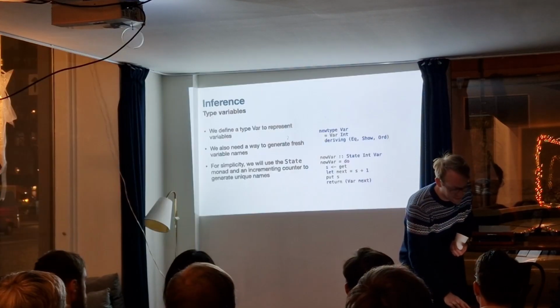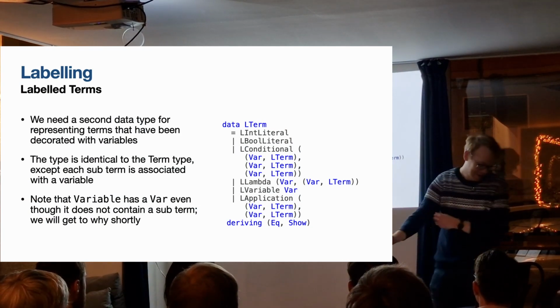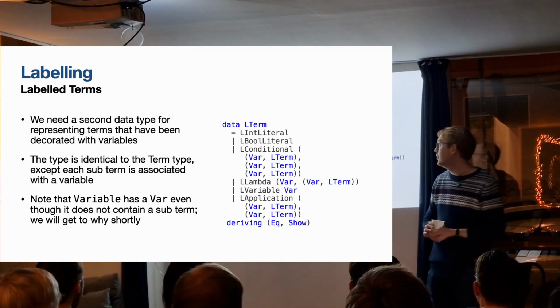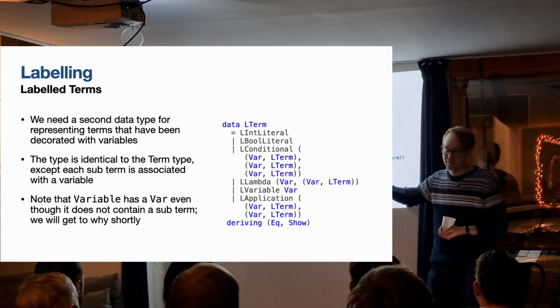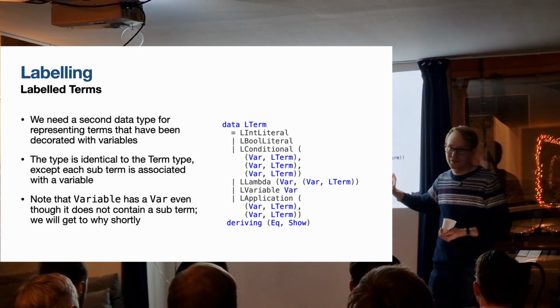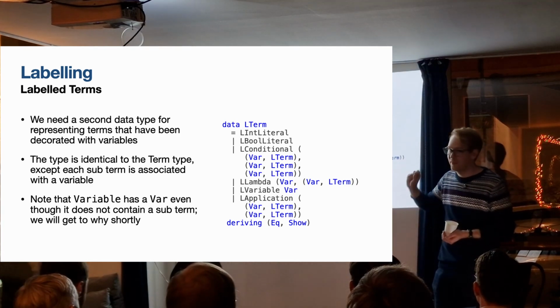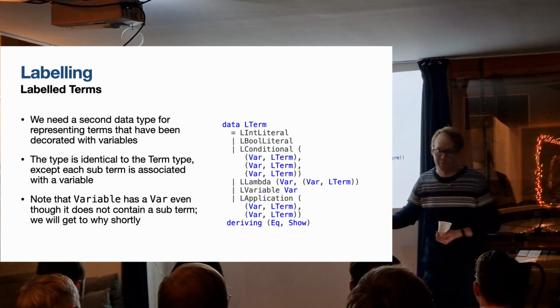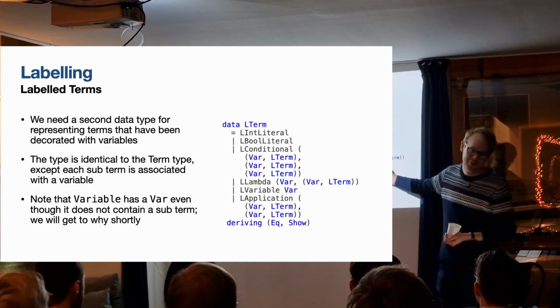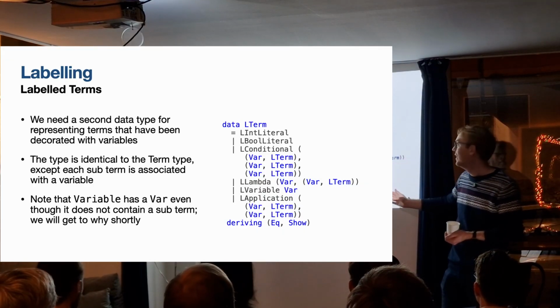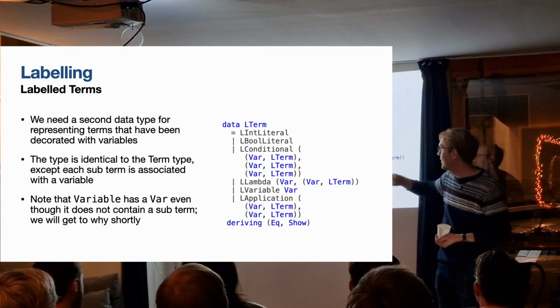Okay, now we get to that ugly thing with the terms. So now we want to track these variables during this labeling process. We need to attach a variable to each node in the AST. So we have to sort of do violence to the elegant representation and create something like this instead.